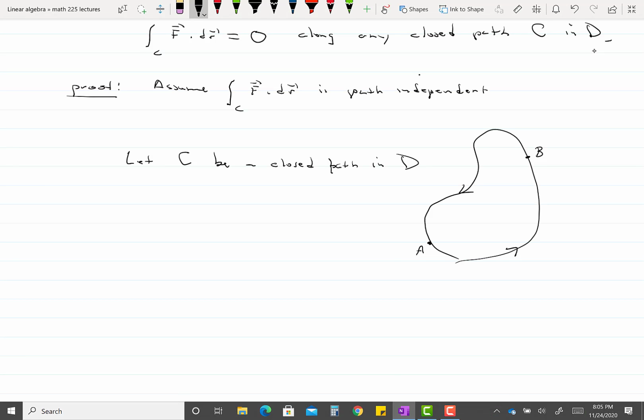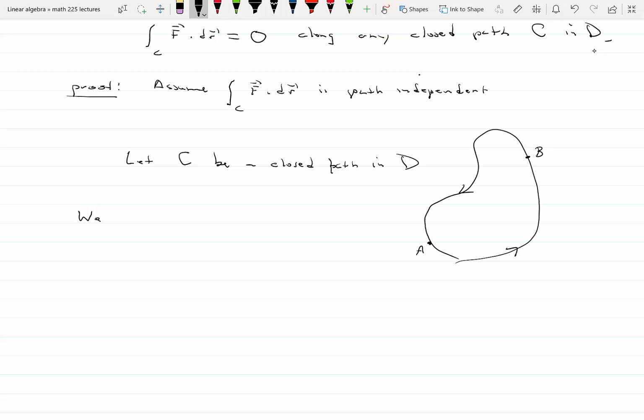So let's break up C. Let's write C as the union of 2 curves, C1 and C2, the sum of 2 curves, if you will, where C1 goes from A to B and C2 comes back. Okay.